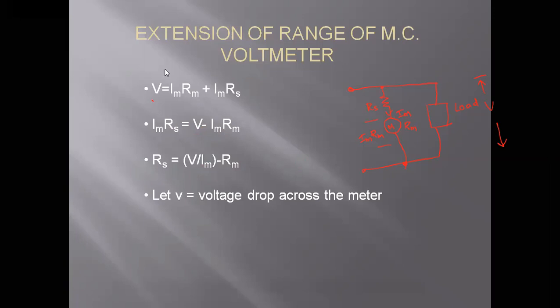I'll show the simplification here. I'll get Rs is equal to V by Im minus, I had Rm in the previous step by Im, so this Im gets cancelled and I'll be left only with Rm.